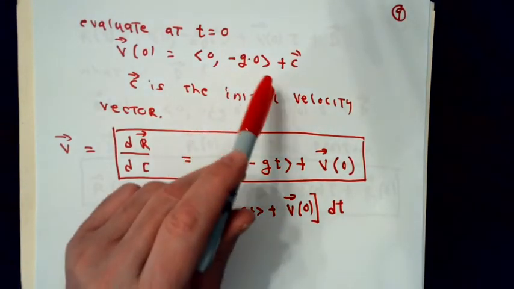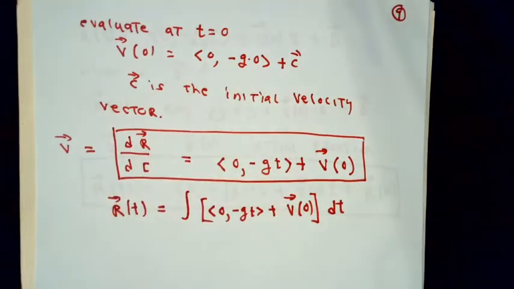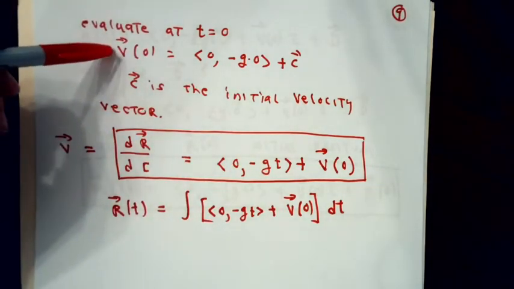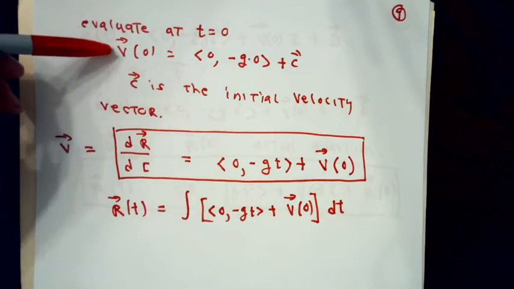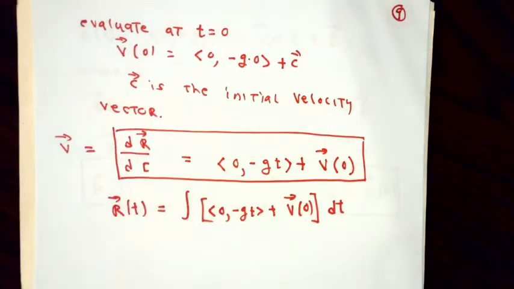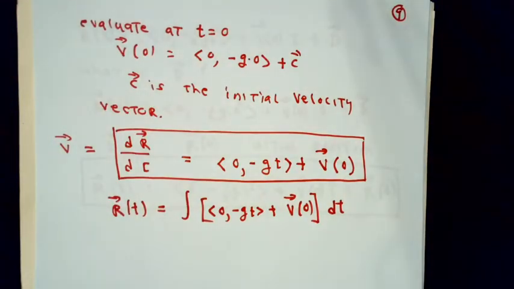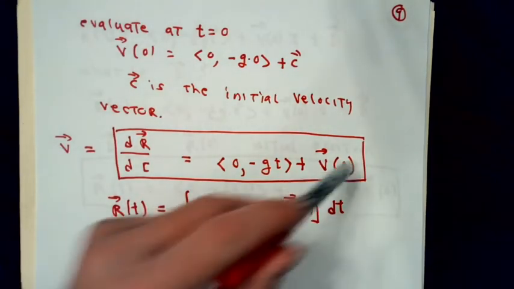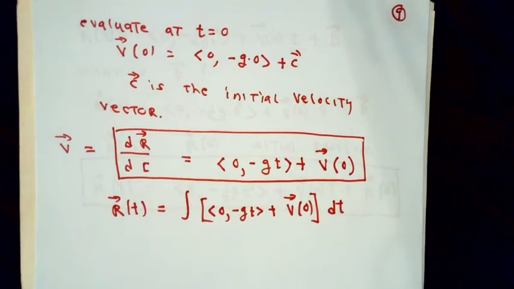So this first vector is the 0 vector. v evaluated at time 0 is the c vector. So I know what this constant of integration now is. It's the velocity vector at time t equals 0. For now, I'm just going to leave it written in this form. The velocity vector worked out to be this quantity.